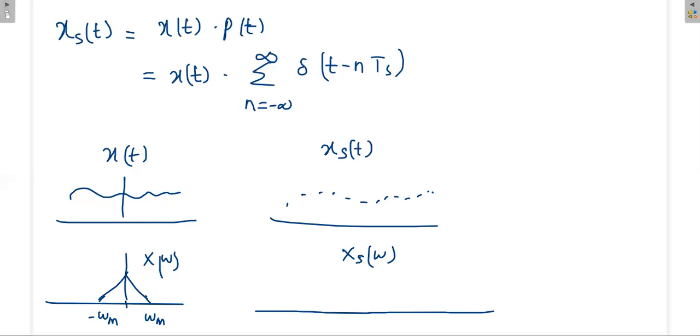We have to take the Fourier transform of this expression, because we need the frequency domain representation of xs of t. So we apply the Fourier transform property here. Now xs of t is equal to x of t multiplied with summation n from minus infinity to plus infinity of delta of t minus nTs.